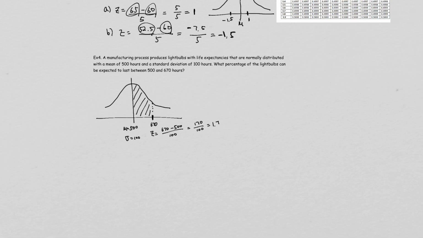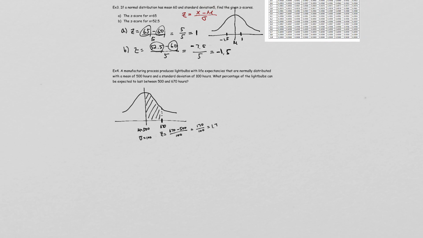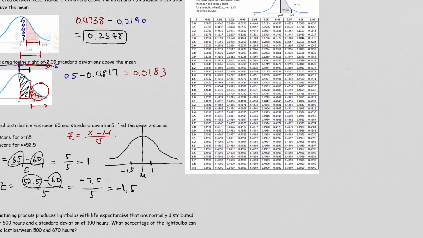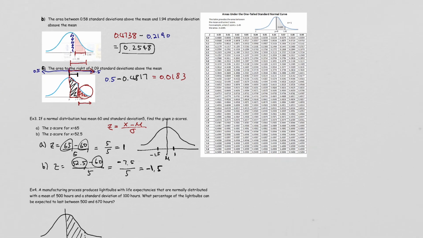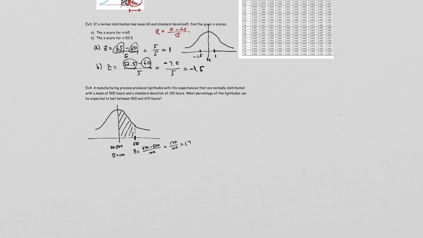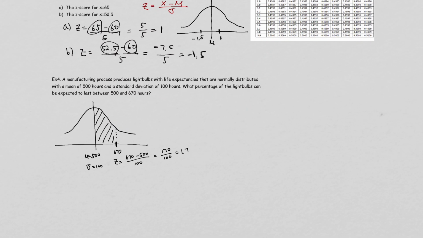If we go back to the table, 1.7 will be right here, which is going to be 0.4554. That will be the area under the curve.